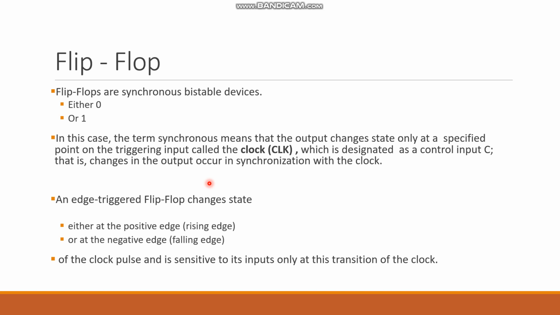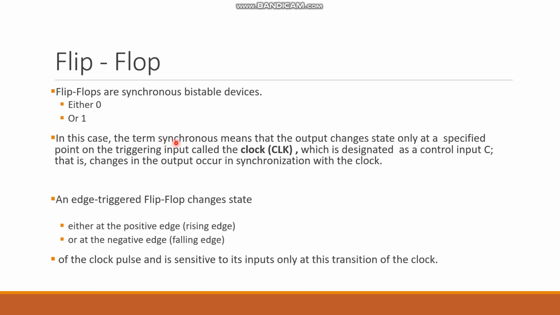Whenever you apply an input, let's say you have a NOT gate, when the input is 1, the output is going to be 0 directly, and when the input is 0, the output is going to be 1 directly. So that is a direct transition from the input to the output. The output changes as soon as the input changes.